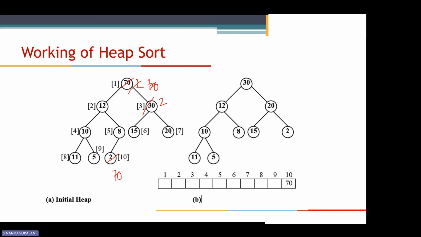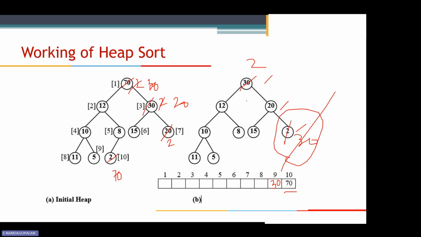Again, it's not a heap, so 20 will come here and 2 will come here. So 30, 22, 30, 22. So you can see 30 is the next largest one, which is at root. So 70 has already come to the last position. So 30 will come here now because I'm going to swap this and this. So my 2 will go there and 30 will come, and n-1 again.